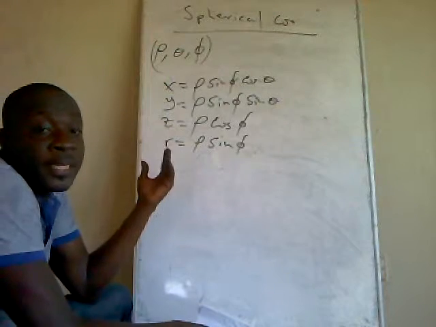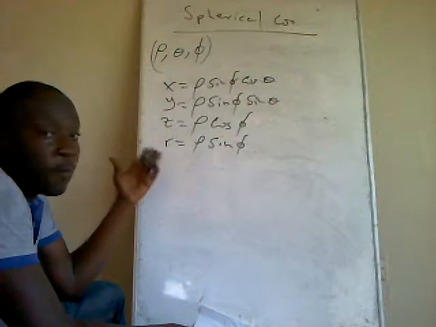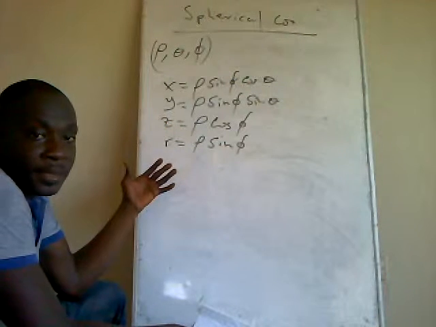And if I can convert a point to cylindrical, then it will be easy for me to convert it to rectangular. Right?